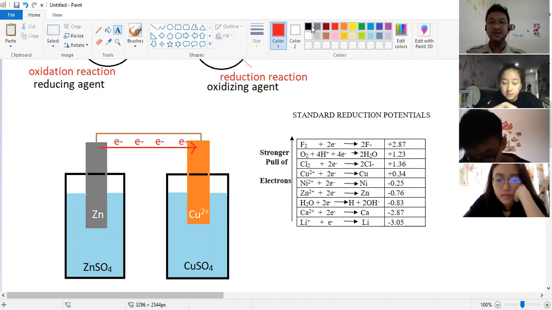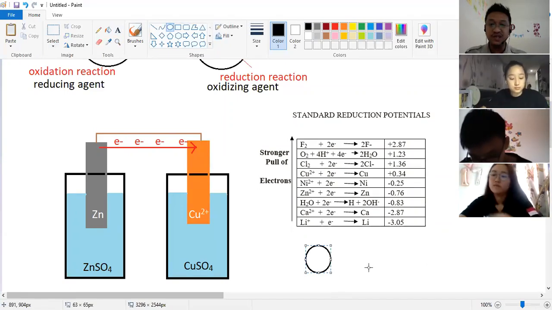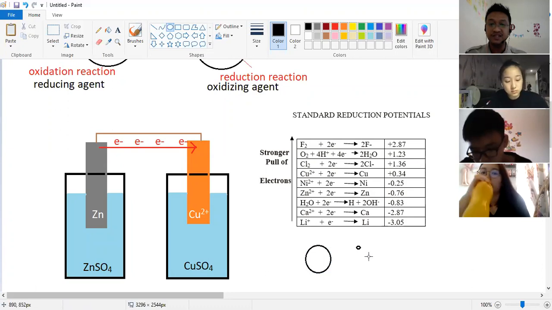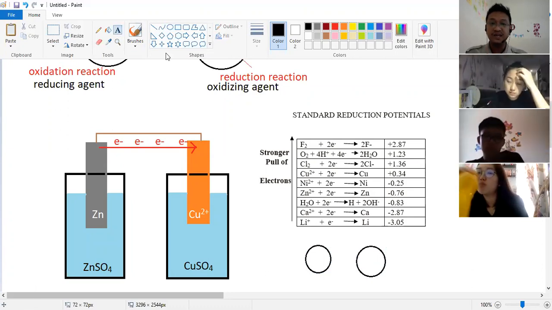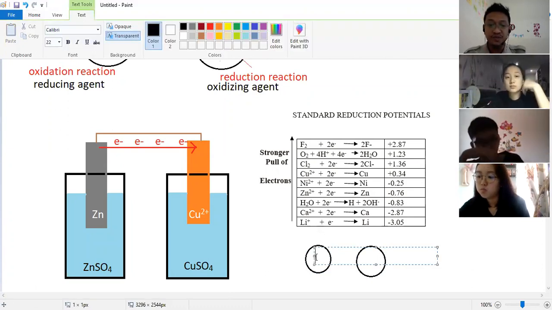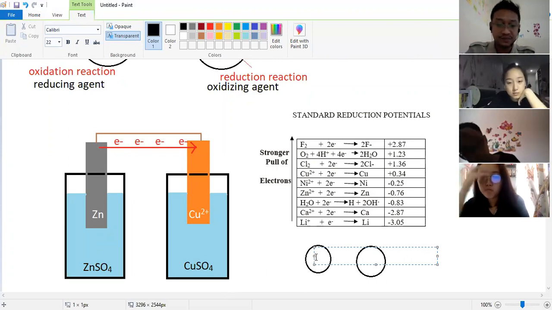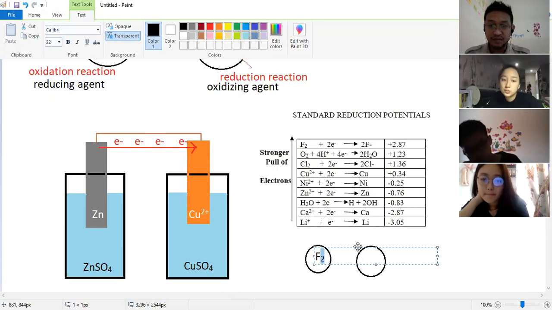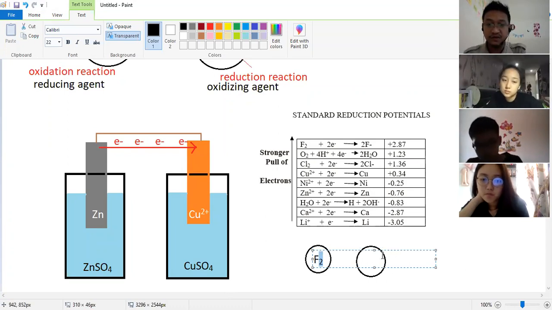For example, let's say we will be making fluorine and lithium be in contact. So we have here fluorine and we have lithium, for instance.